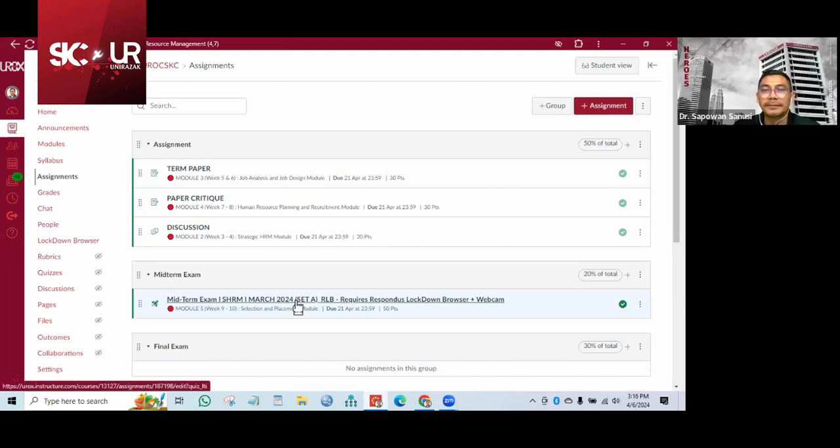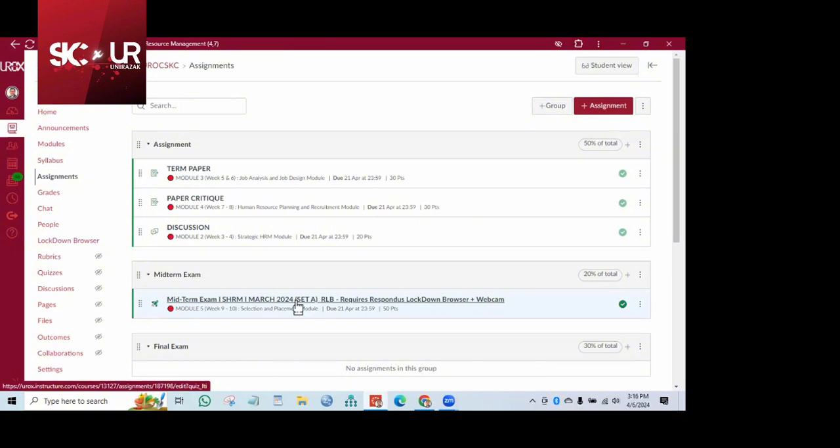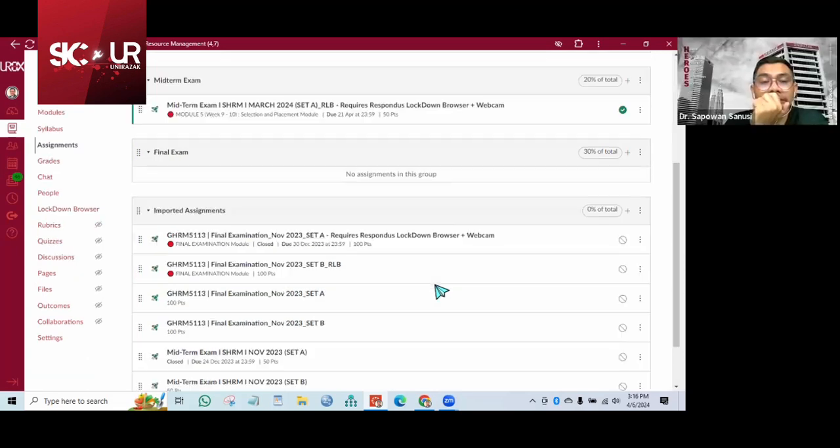Noted, Prof. Prof, if we use Responders, because you said open book, if we refer to things, will it detect our movement or anything? No. It doesn't detect anything. I just untick all the necessary things which are not important.